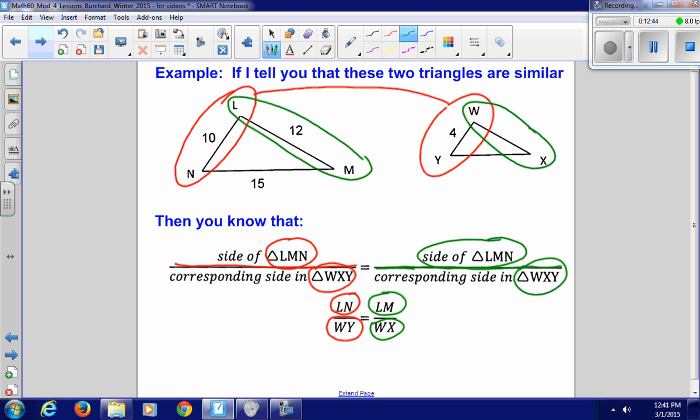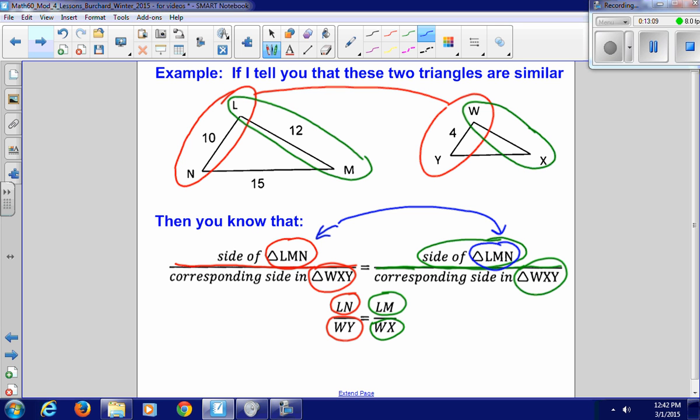So we're setting up a ratio, corresponding sides on the two triangles equal to two other corresponding sides. And remember, the order matters a lot. So when I chose over here to put LMN on top, that means over here I have to do the same thing.